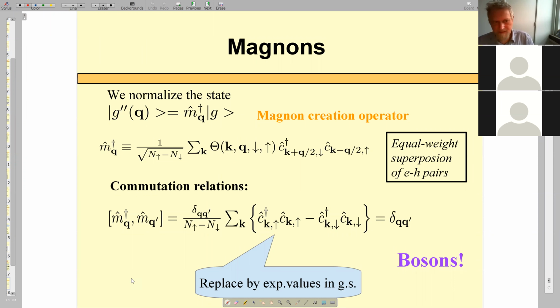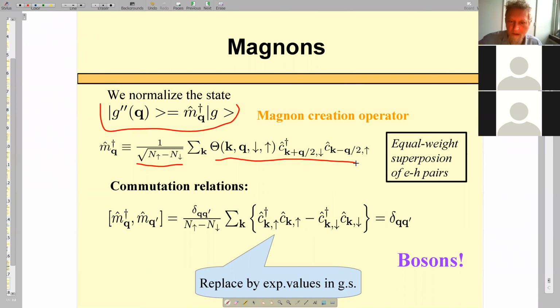We need to normalize the state, right? We need to bring a certain normalization factor. This is this normalization factor computed. But the most important point is what we have here. So we have a sum over K of this combination over certain Q. But if we go two slides back, we recognize that each term creates an electron-hole pair.